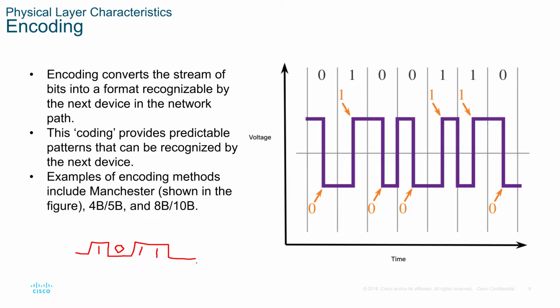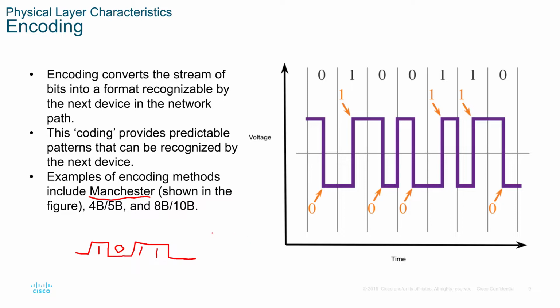When it comes out of a line from transmission, it does not look as clean as this. So we needed to find a better way to transmit data. One of the most common is Manchester encoding.